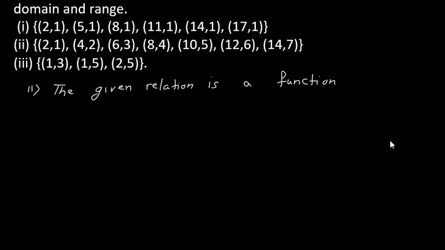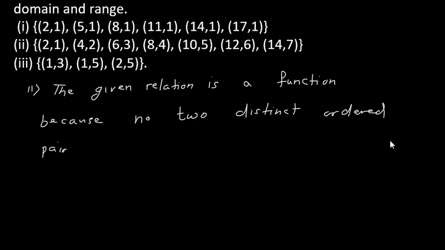Because no two distinct ordered pairs have the same first element. So the first elements, if you see, are all different, so this is a function.